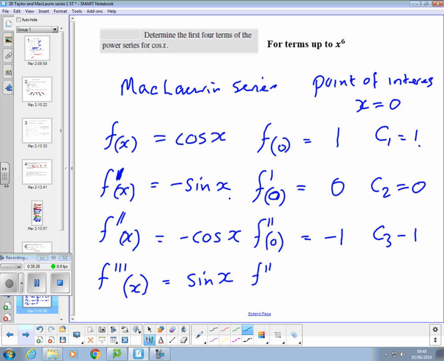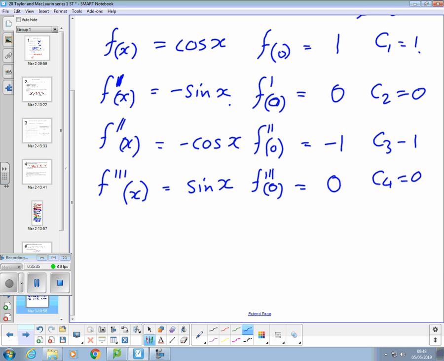Therefore, f triple dash at 0 is equal to nothing. C4 is equal to nothing. Alright? And now you can see there's a pattern to this in that the fourth differential at 0 will be equal to 1. C5 is 1. And f5 at 0 will be equal to 0.